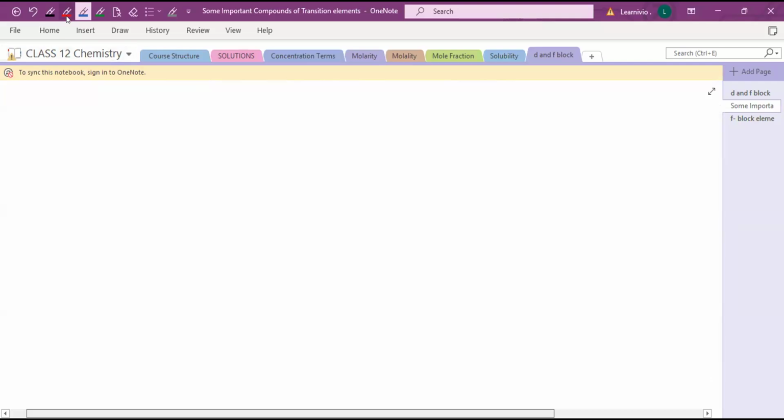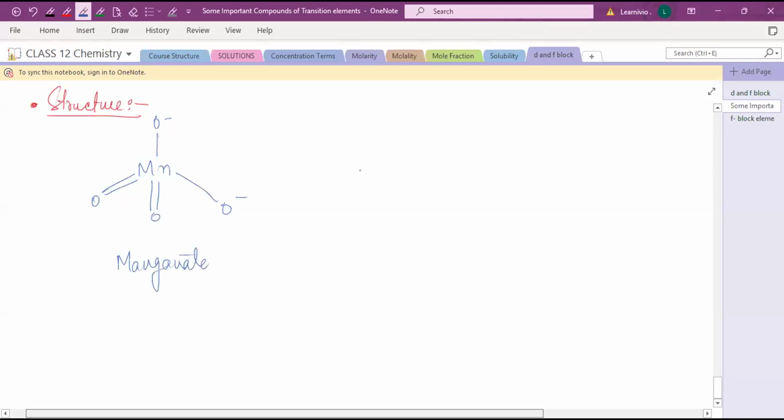Okay, let's see the structure. This is the structure of the manganate ion. Again, it shows a tetrahedral structure. This is the manganate ion, MnO4 2 minus. And this is permanganate, MnO4 with only 1 minus.